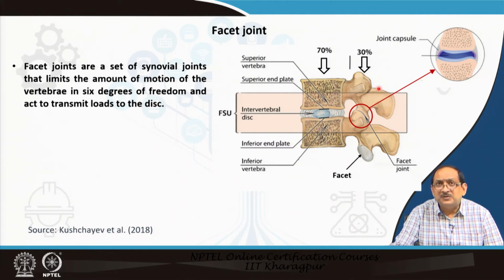The different parts of the facet joint are presented in the image of the slide. If we enlarge one facet joint, which is basically formed by a combination of two facets, and enlarge the joint capsule, we see the synovial cavity in the facet joint.